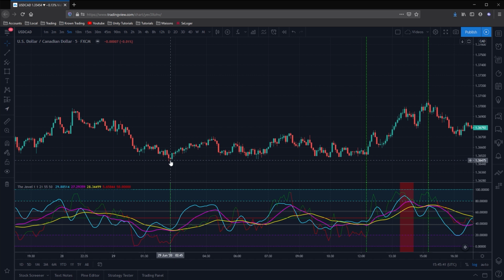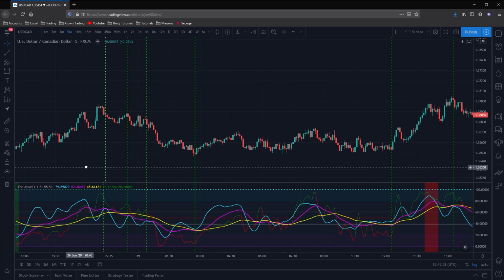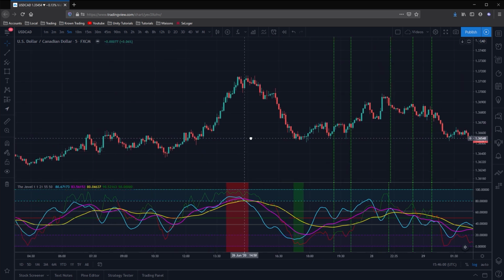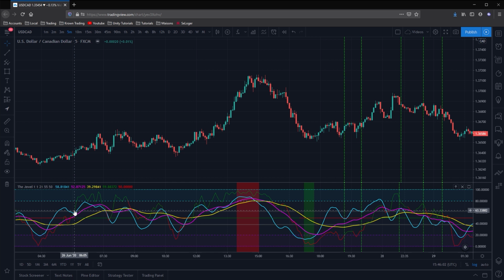No, actually that's a picture perfect buy. You have sell, weak sell. Weak sell, weak sell again. All those are wins. That's a buy signal over there. You have a buy over there.